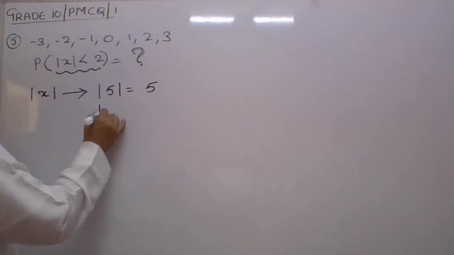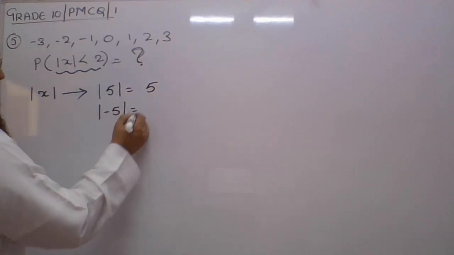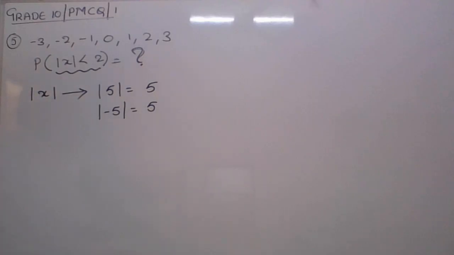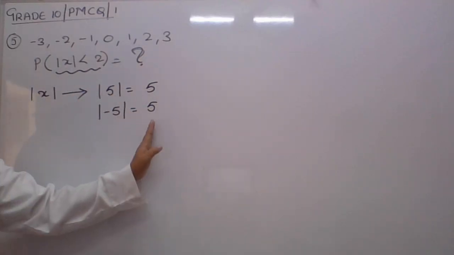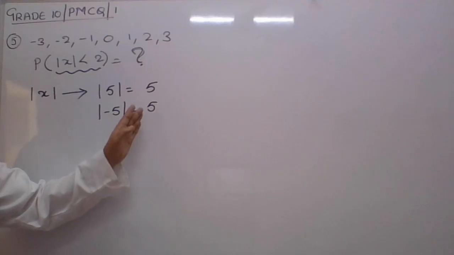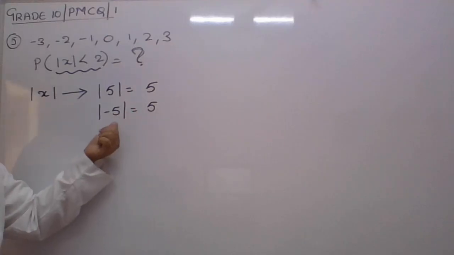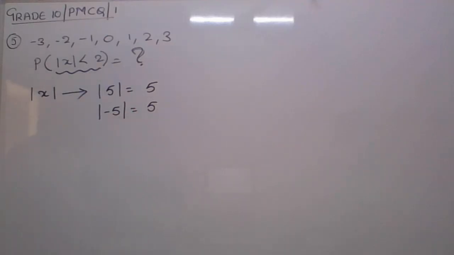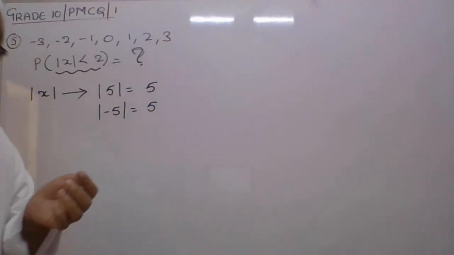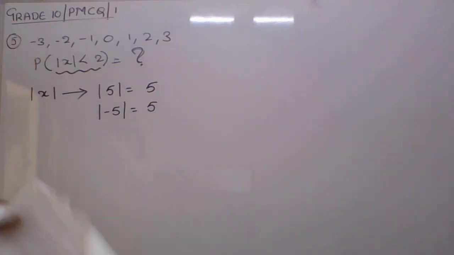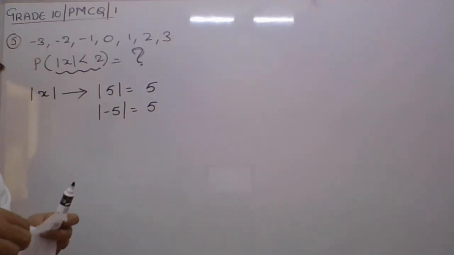And what is modulus of minus 5? It is also 5. Understood or not? So mod of any number will be the positive value of the number given between the modulus sign. It is the exact value, irrespective of signs. Understood?